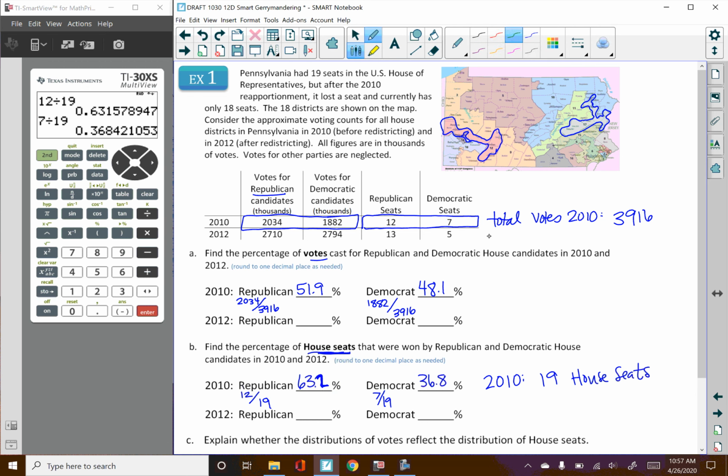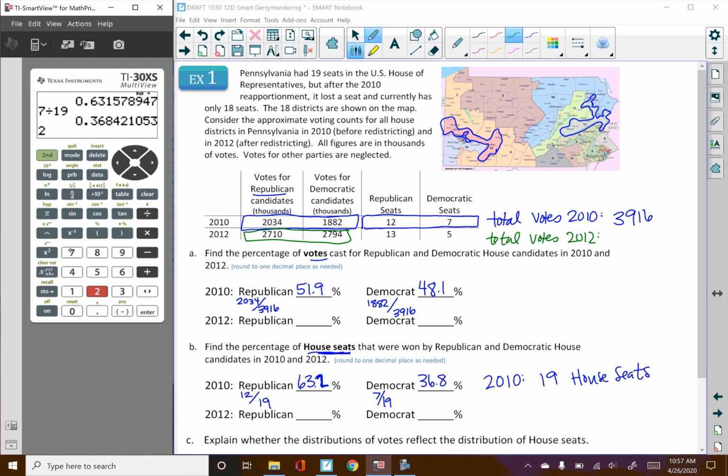In 2012, the total number of votes, we've got 2710 and 2794. So that's a total of 5,504.